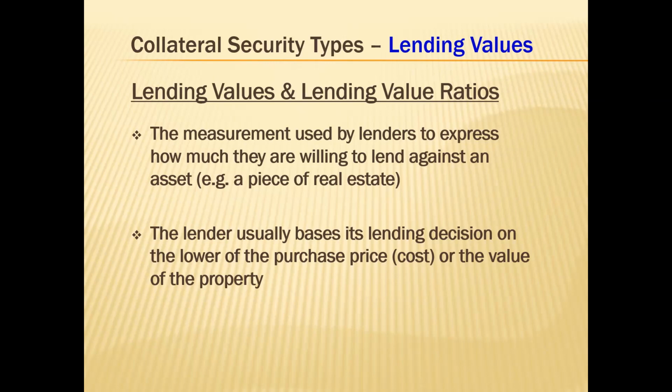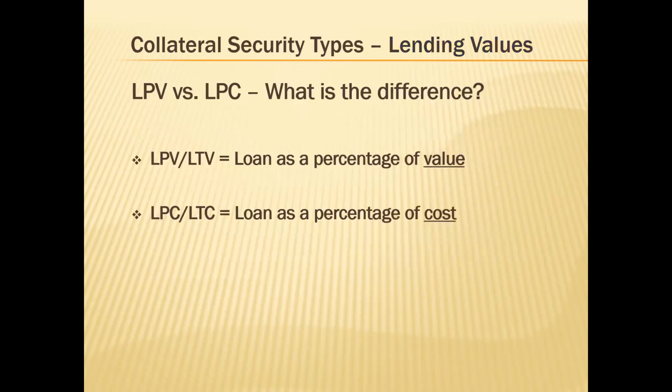Is that understood? Yes, sir. So LPV versus LPC, what's the difference? LPV, or loan to value, some say loan as a percentage of the value or loan to value. They're interchangeable and mean the same thing.